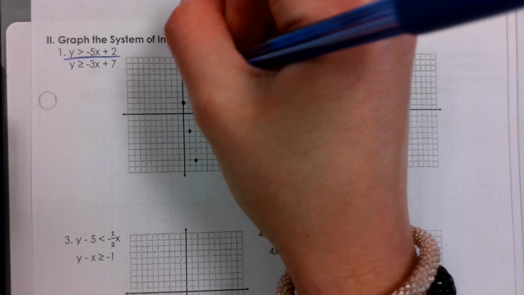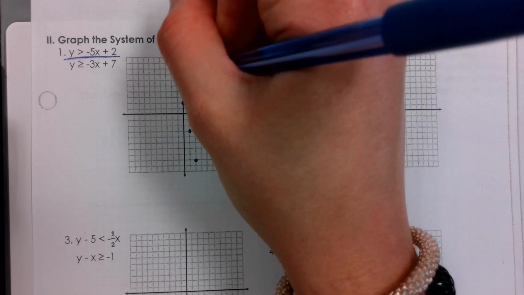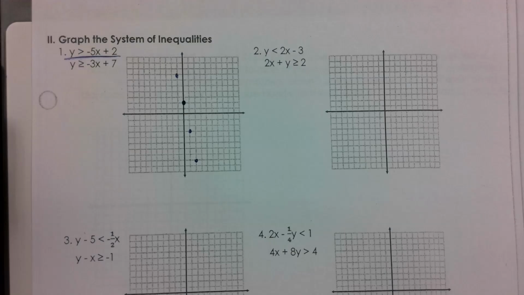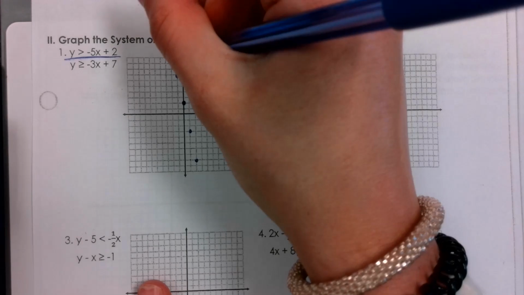So we're going up 5, right 1. That's one. Are we going to connect those dots with a solid line or a dotted line? Dotted, because it's not an equal to, so we've got to have that dotted line going on.